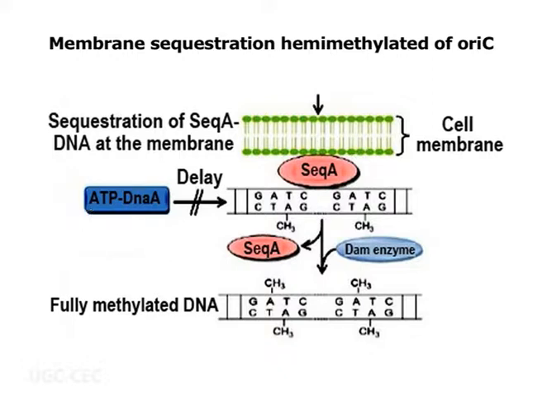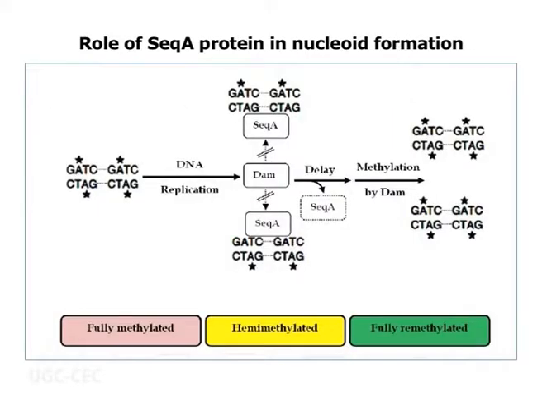There is another protein, which is known as DnaA. Since it is not getting the template, that is the fully methylated DNA, it is not able to catalyze another round of DNA replication immediately. So in this way, the hemimethylated DNA stays in the hemimethylated form for up to one third of the cell cycle.